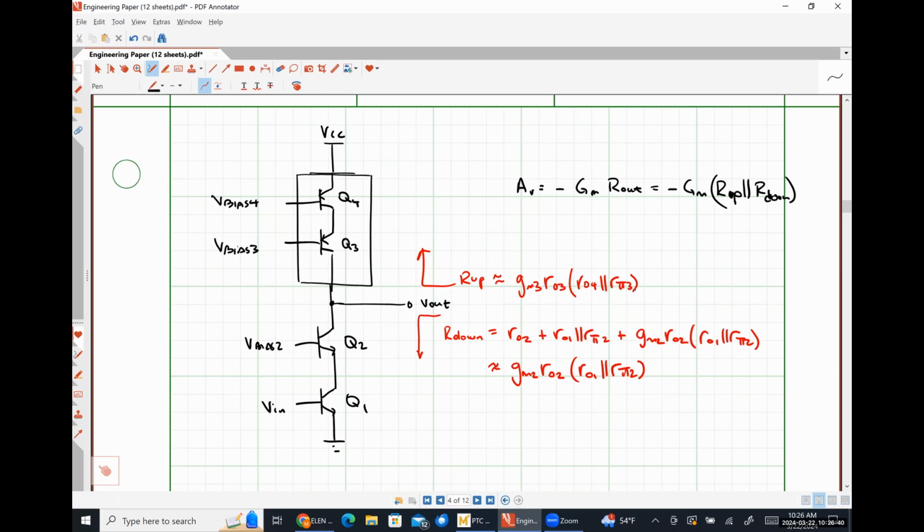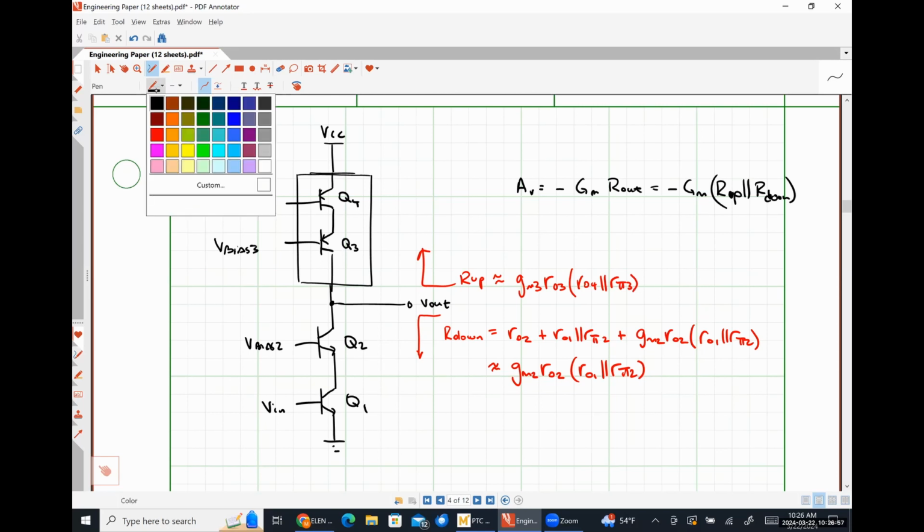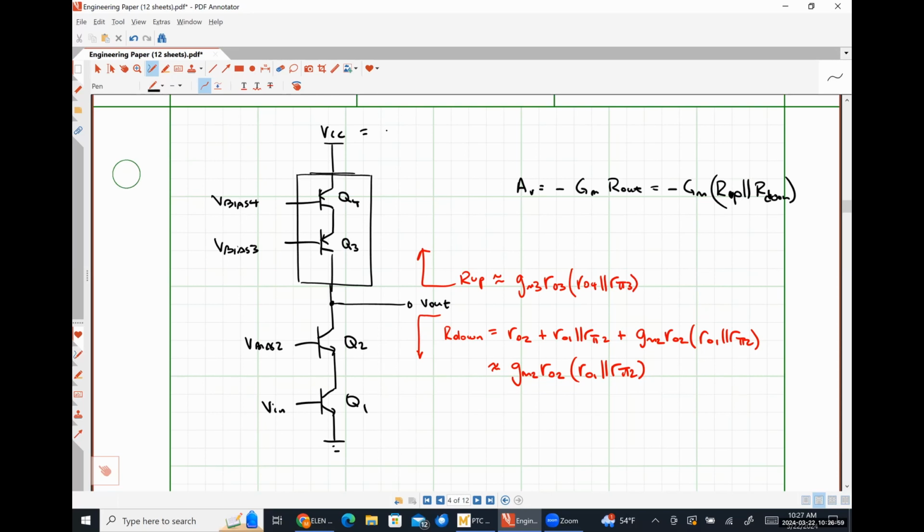So if we put a large resistor there, we are going to have a large voltage drop over it if it's carrying a current, right? So let's say, for example, this VTC for 5 minutes.